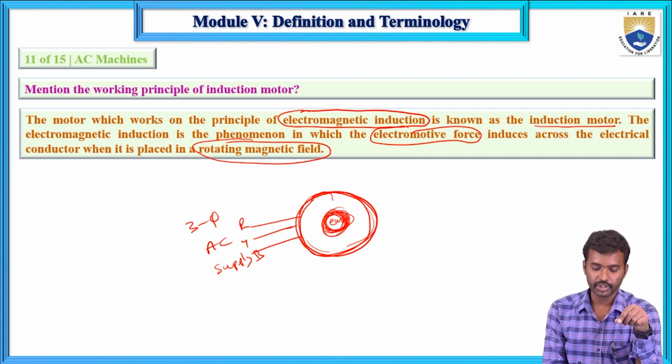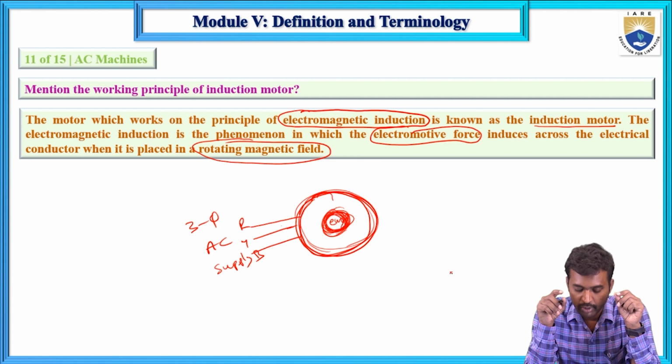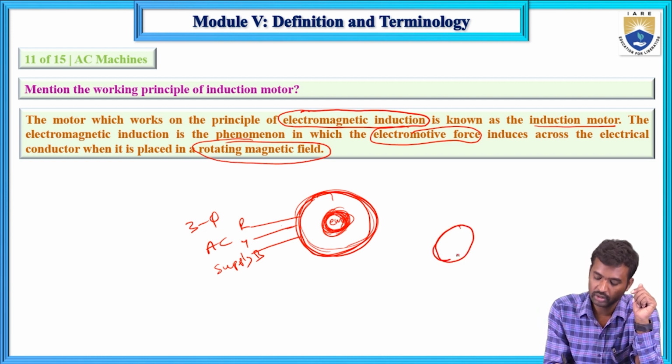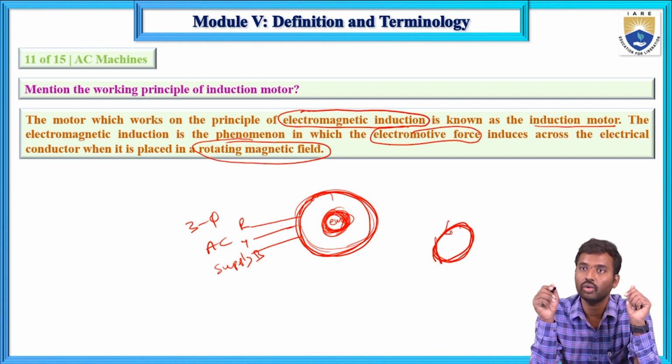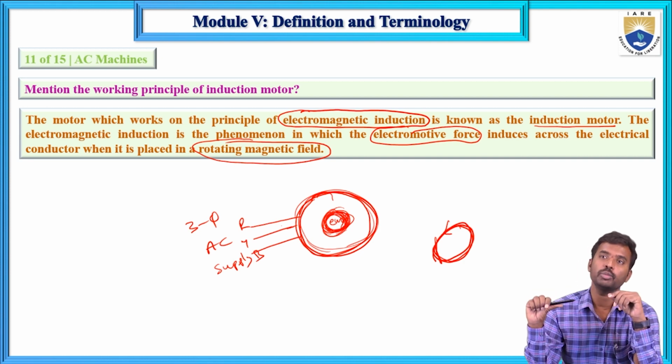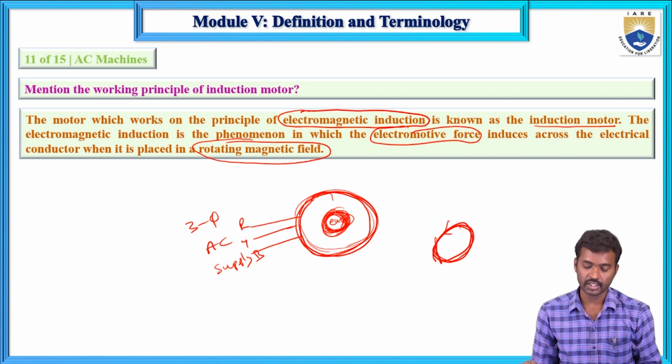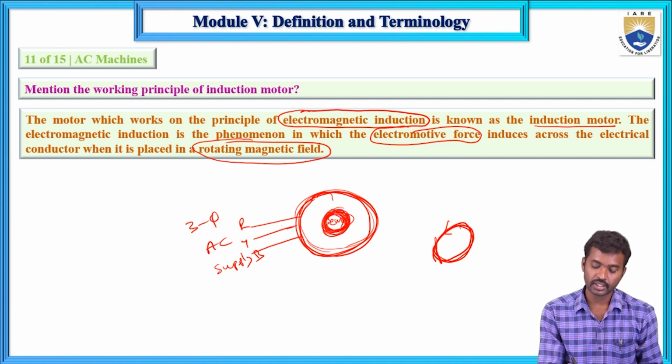Since the rotor conductors are short-circuited, there is a closed path, so there will be a current. The rotor conductors carry current, and a current-carrying conductor always acts as a magnet. So the rotor acts as a magnet.